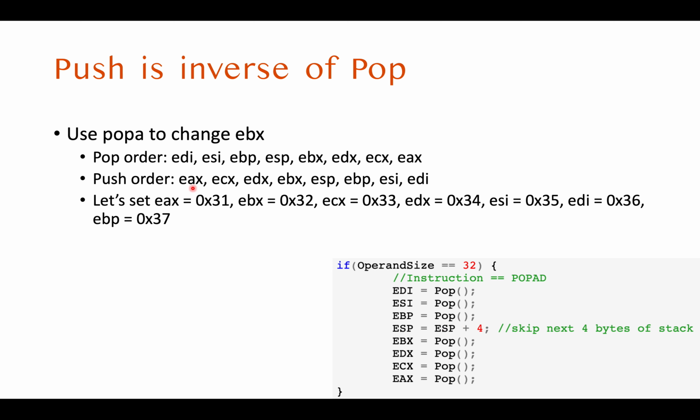Then the push order should be the reverse of the pop order. Knowing this, let's set all the register values except ESP, because the POPA instruction ignores the changing of the value for ESP, to specific values such as EAX is 31, EBX is 32, 33, 34, 35, 36, 37 in hexadecimal.